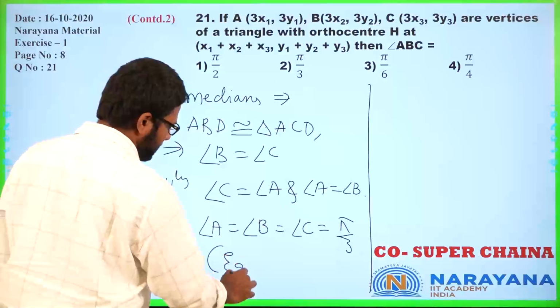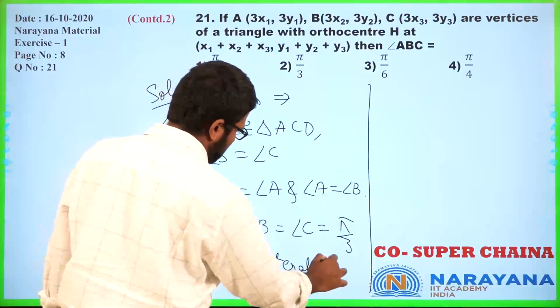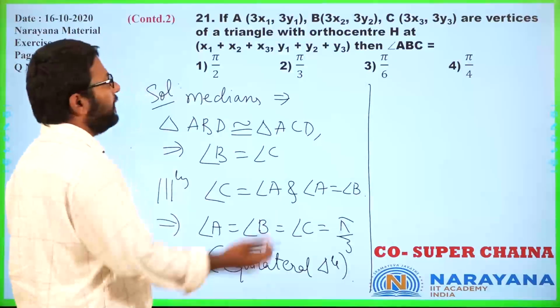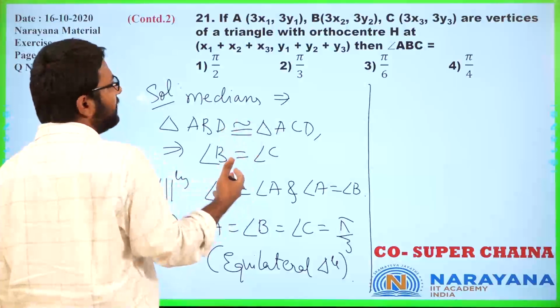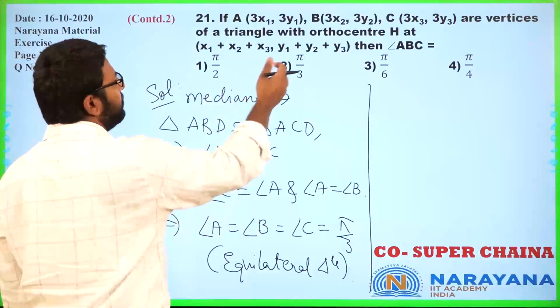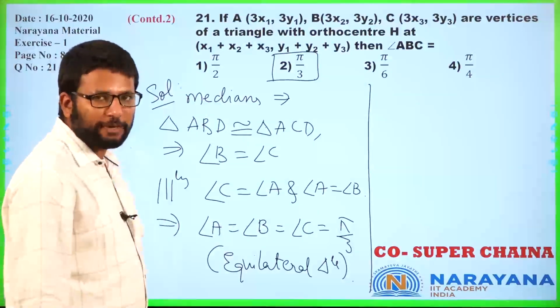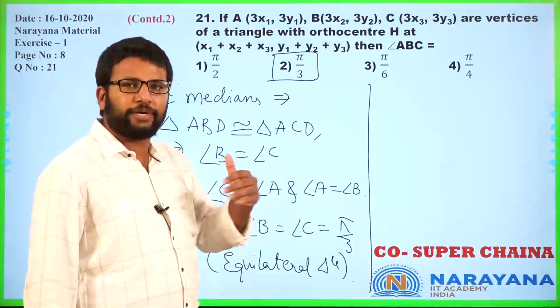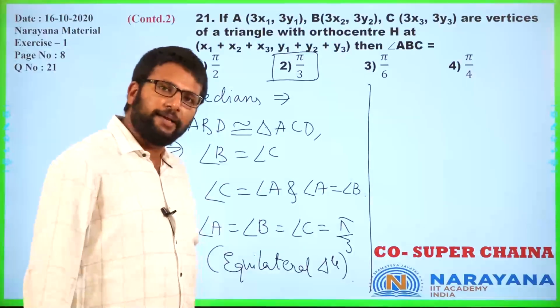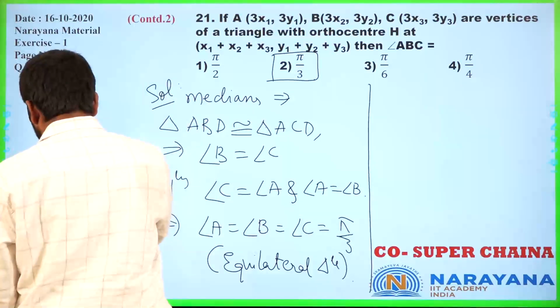This is an equilateral triangle, and therefore angle ABC, which is angle B, would be pi by 3, correct? In general, out of any of the four centers, if two are coincident, you can just go ahead and say that it must be an equilateral triangle. Alright, let us proceed then.